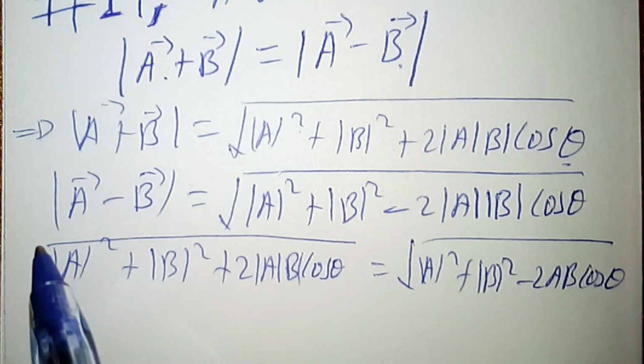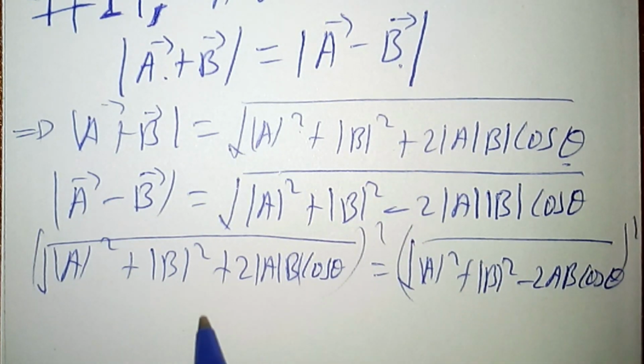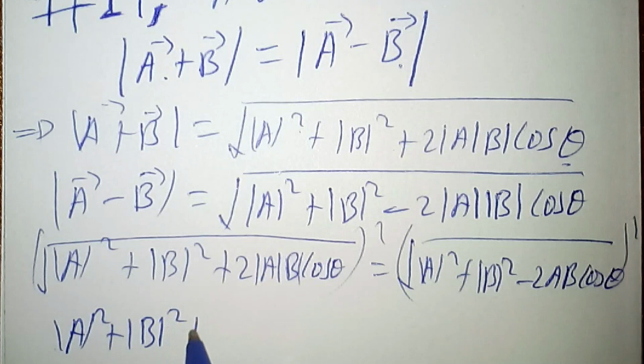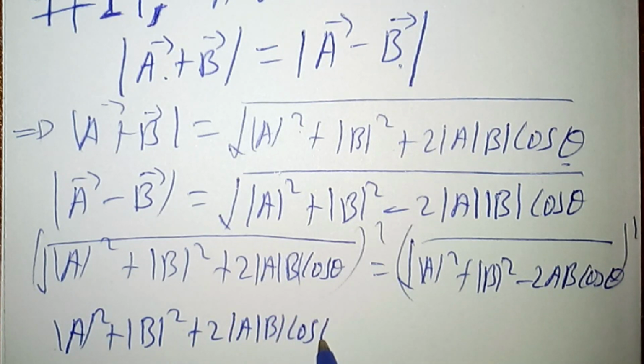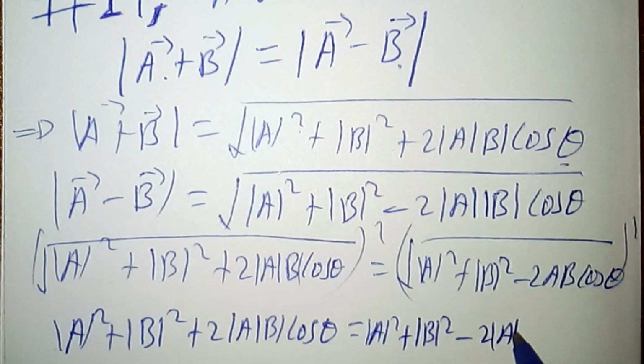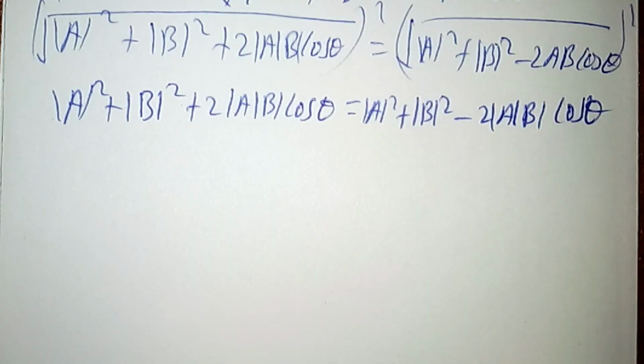So I square both sides and break these square roots, and we are left with the magnitude of a squared plus the magnitude of b squared plus twice the magnitude of a times the magnitude of b cos theta is equal to the magnitude of a squared plus the magnitude of b squared minus twice ab cos theta. We get this value finally.